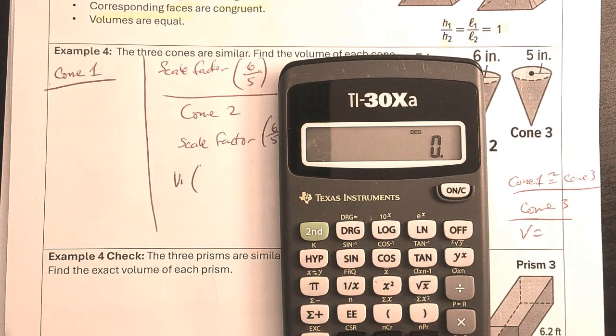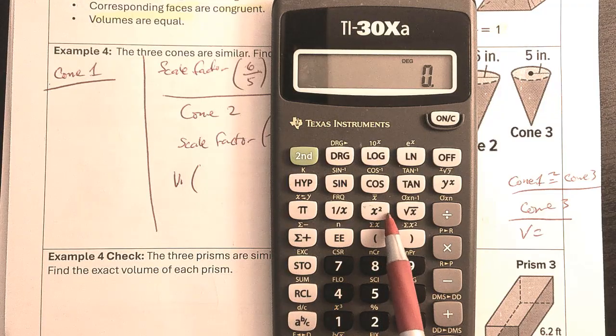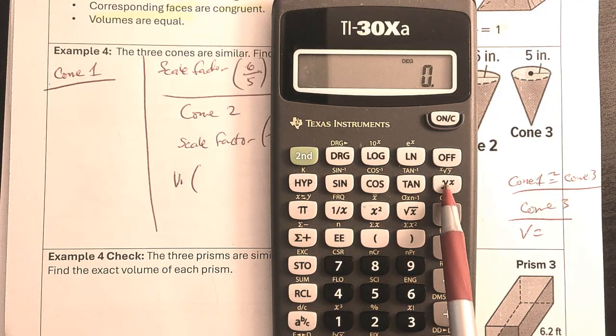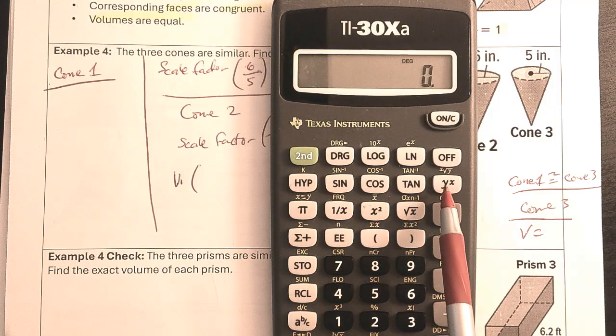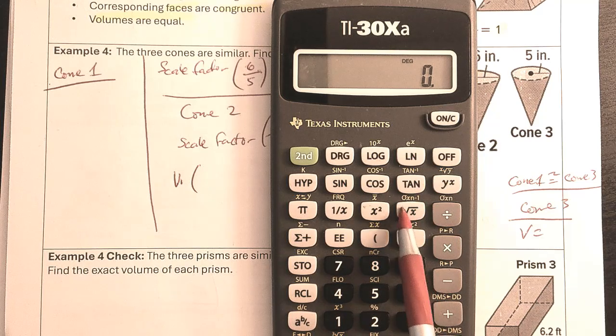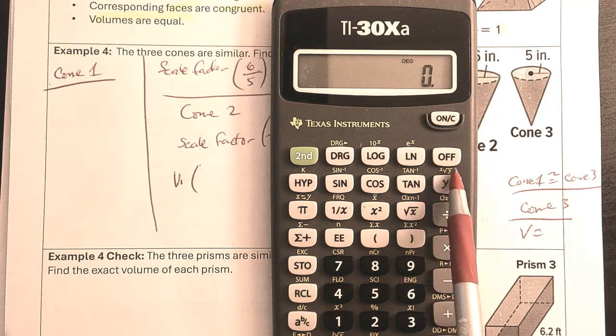Remember, this is square root. If we want anything besides square, like cubing or the 4th power, we use this button. We don't have a separate button for cube root, but notice above here it's got an X on the outside. That's because if you were to take the cube root, it'd be a 3 on the outside of the box.